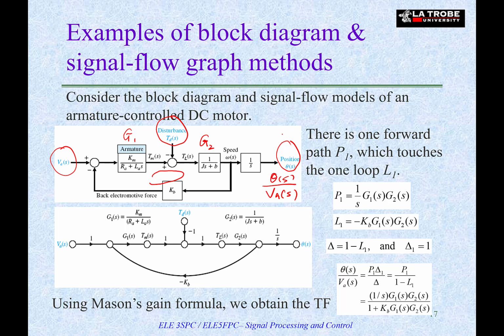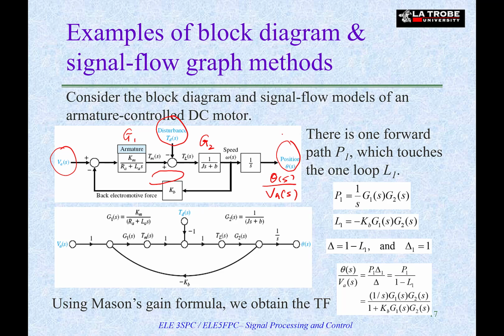When we look at this transfer function, we don't have to worry about the existence of the disturbance signal, Td(s). So that's how we derive the transfer function for this block diagram. And if we use the signal flow graph to represent the same system, it is shown by the bottom graph.